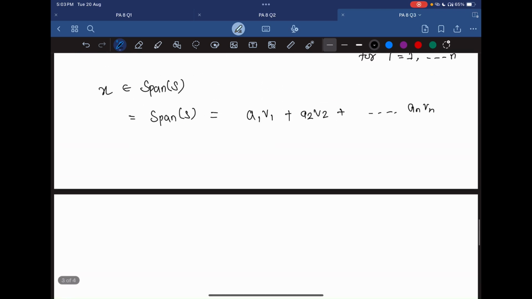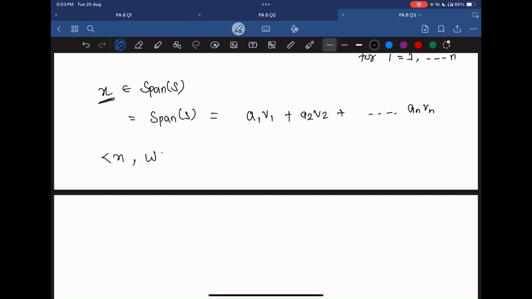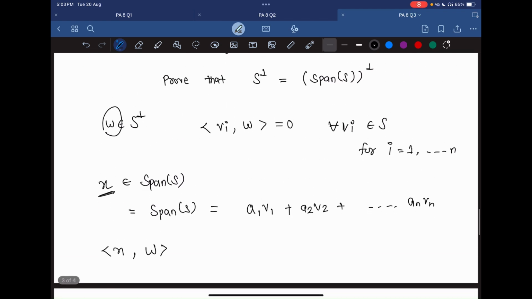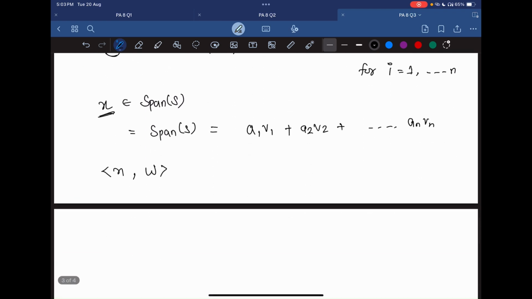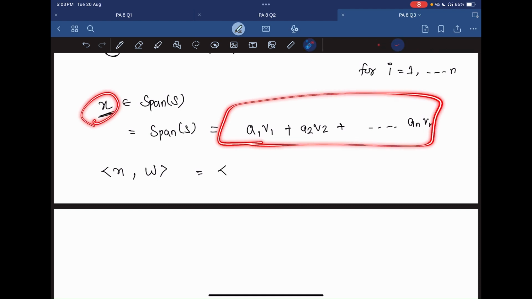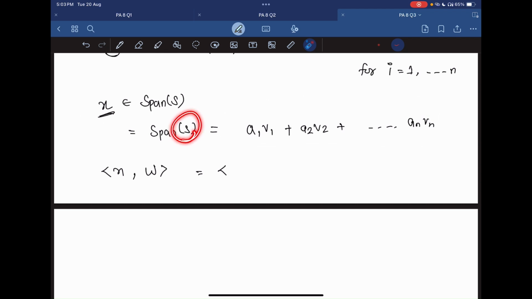So now if we take the dot product of this vector x with the vector w, which belongs to the S perp, we can write x as the linear combination of the vectors of the set S, as x is in the span of S. So a1 v1 plus a2 v2 plus an vn with w.